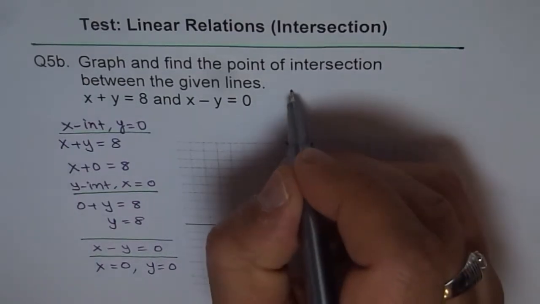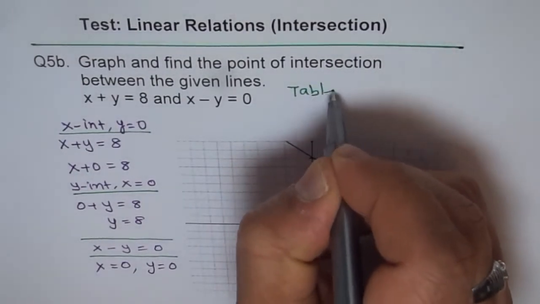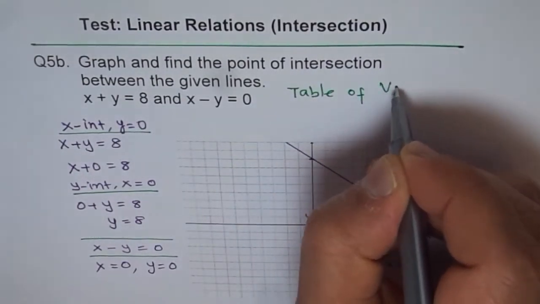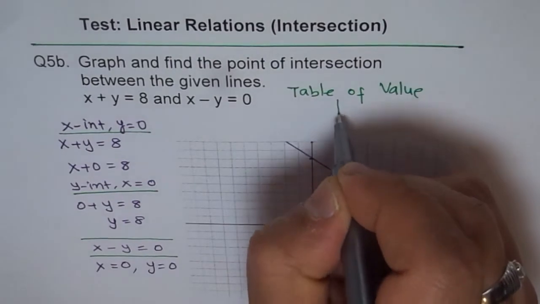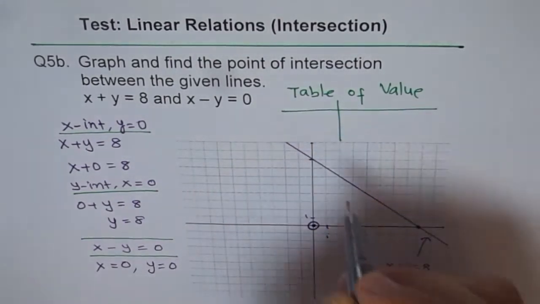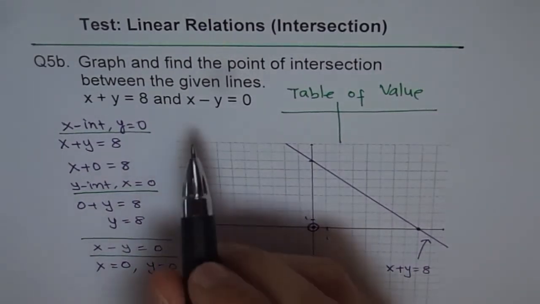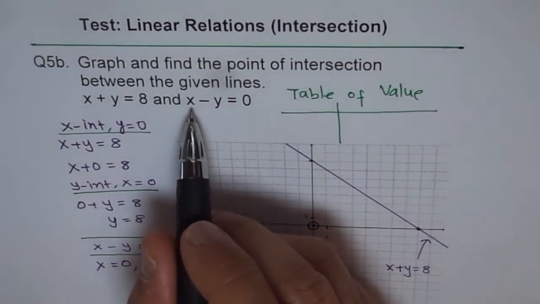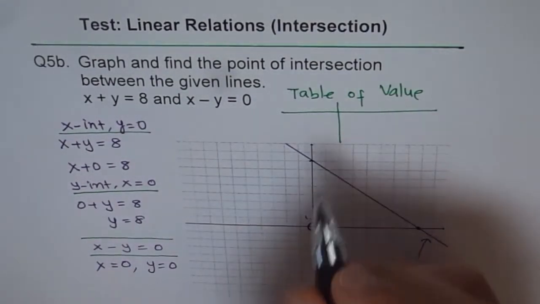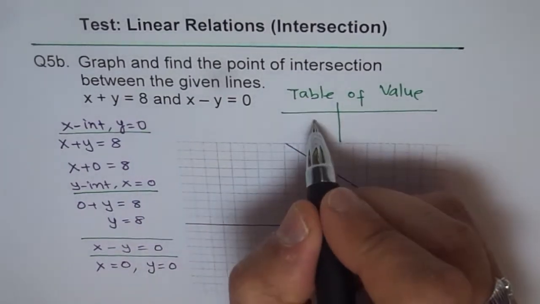So I'll write it down for you here. We have a table of values, correct? We will assume one value for x, because x can be any real number. Let's say x is 2.